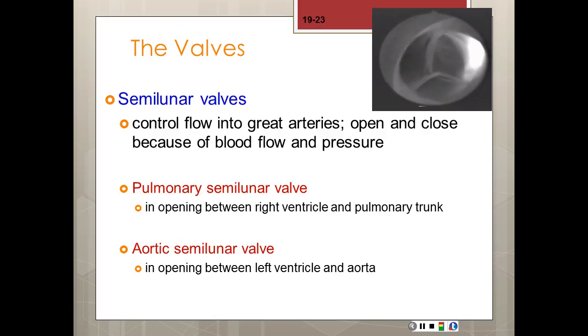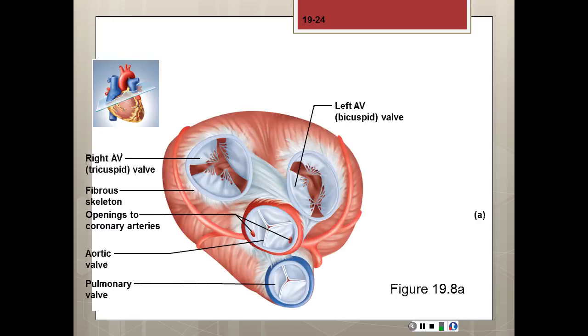Now each valve has 3 cusps, and they have no tendinous cords. So please remember which 2 have chordae tendineae and which ones don't. It's very important. You have to know which ones they are.